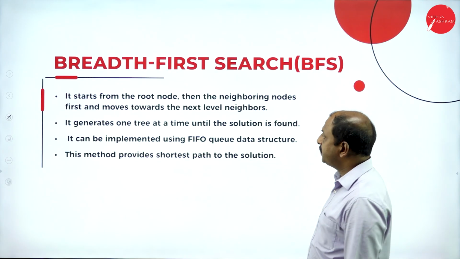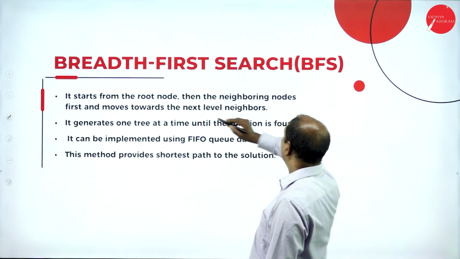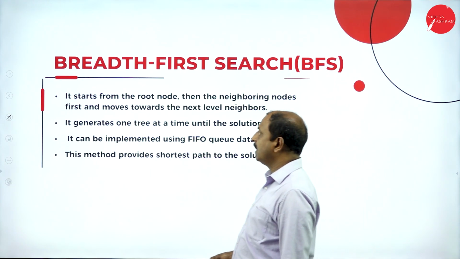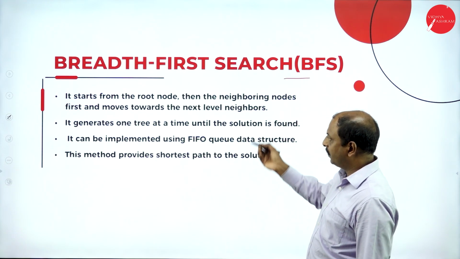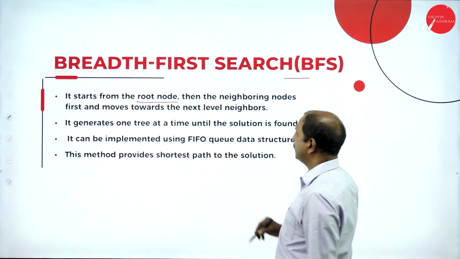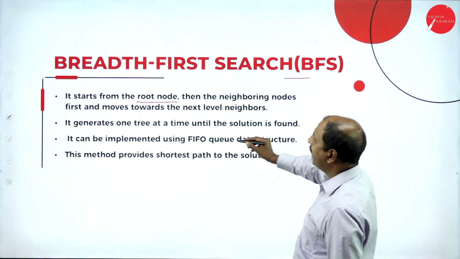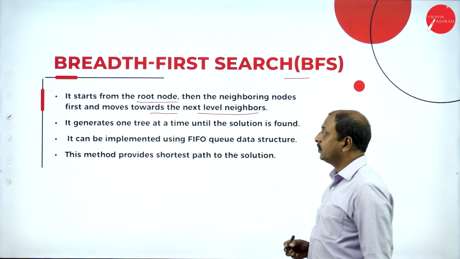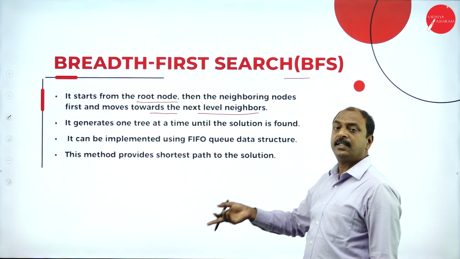In the next slide, we will see another type of algorithm, that is breadth first search, that is BFS. So look at the definition of this. It starts from the root node, then the neighboring nodes first, and moves towards the next level neighbors. This is the difference between this one and the previous one.